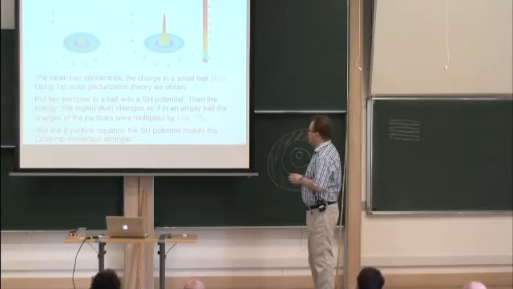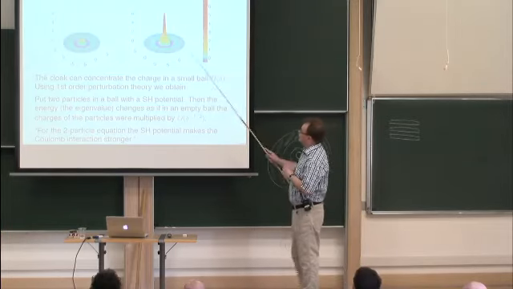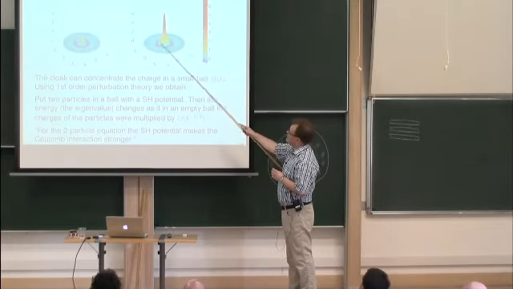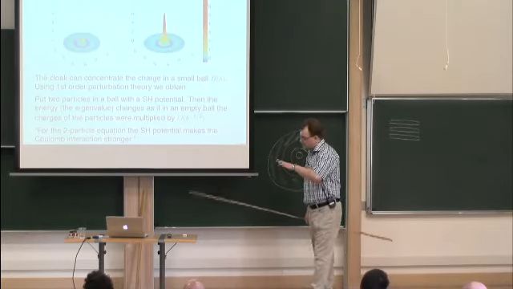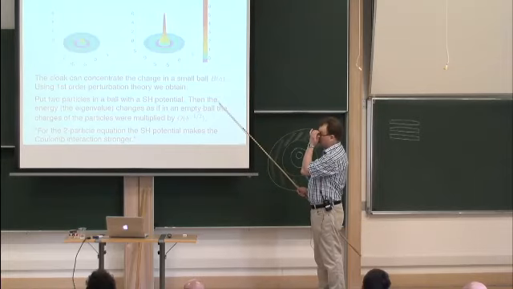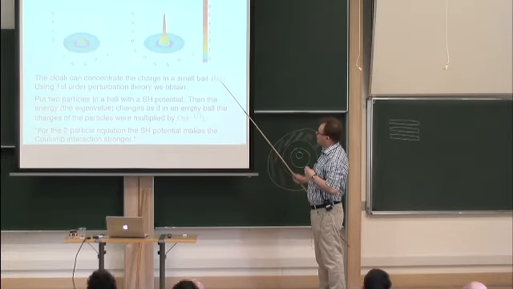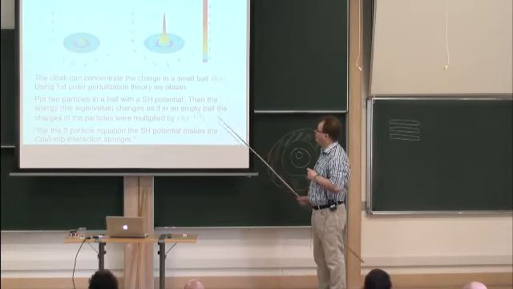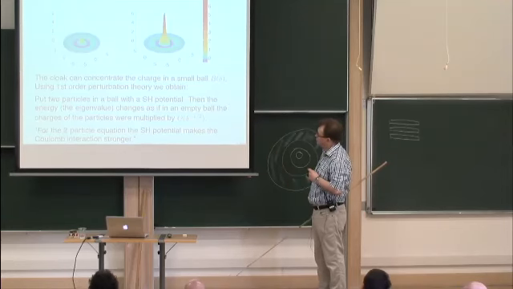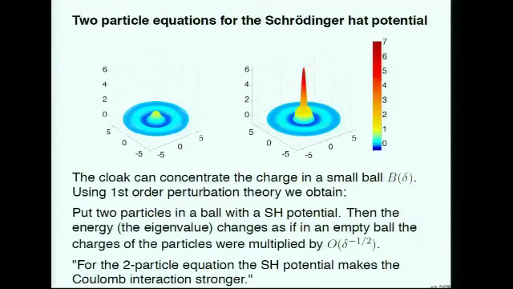Now the cloak concentrates the wave function inside the ball, and by changing the parameters a little, I can also concentrate the charge inside a small ball of radius delta, where delta is small. Now if I put two particles there, the Schrödinger hat tries to concentrate the charge around the origin, but two particles cannot come there because there is a repulsion. The Coulomb force forces them to go away from each other.